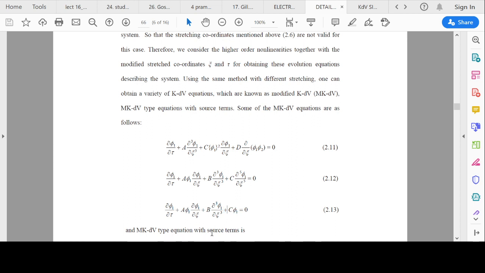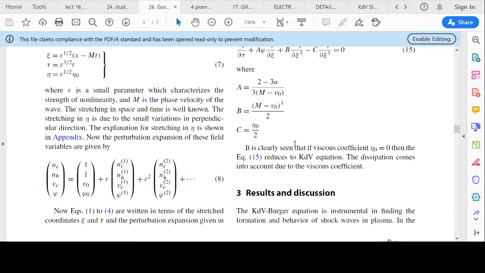So those who have done KdV and are thinking what to do more, you can just go to the higher order and get a modified KdV. So that is also a part. As we have obtained this KdV and modified KdV expressions, we will use our solutions. What kind of solutions?